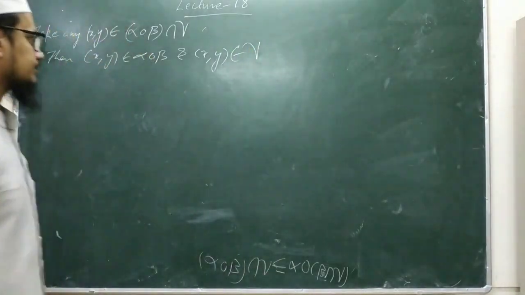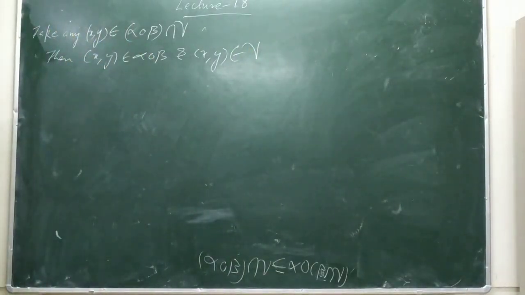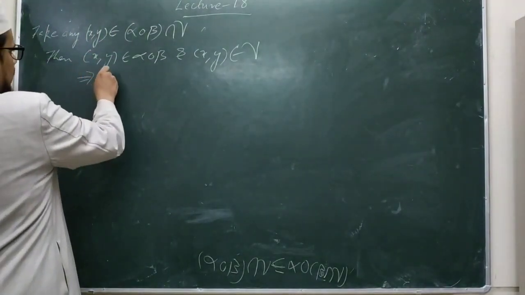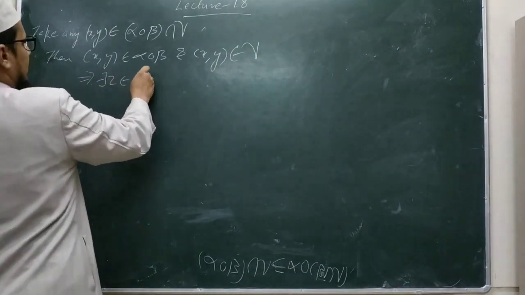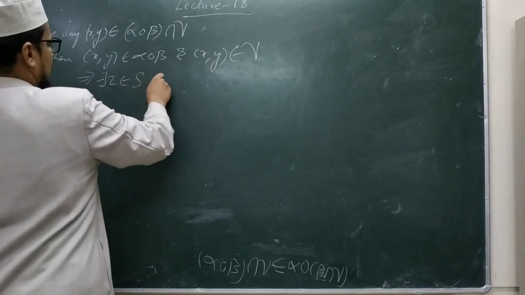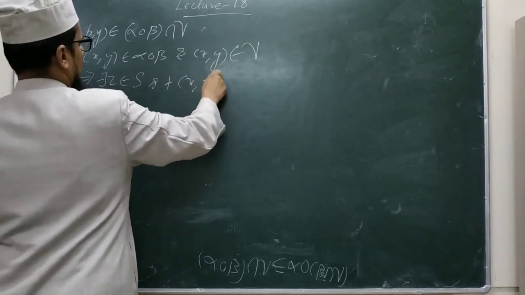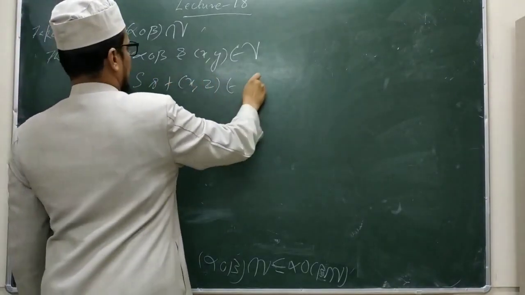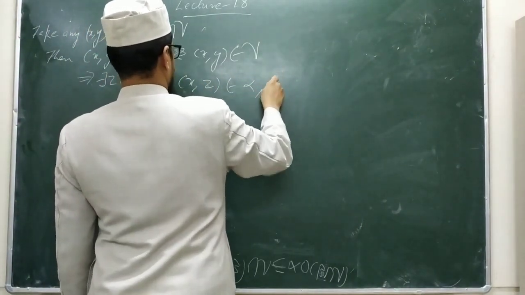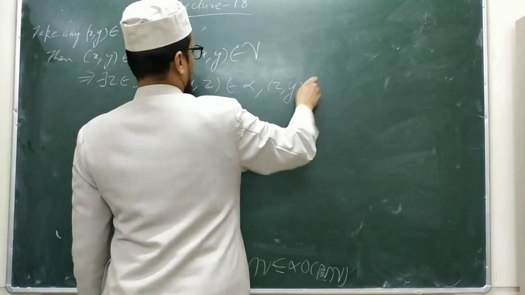Correct? So see, when x comma y belongs to alpha composition beta, what does it imply? It implies there exists z belonging to S such that x comma z belongs to alpha and z comma y belongs to beta.